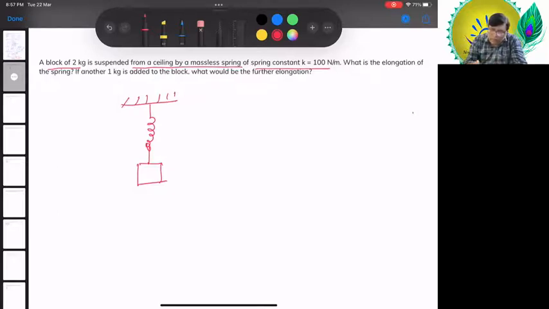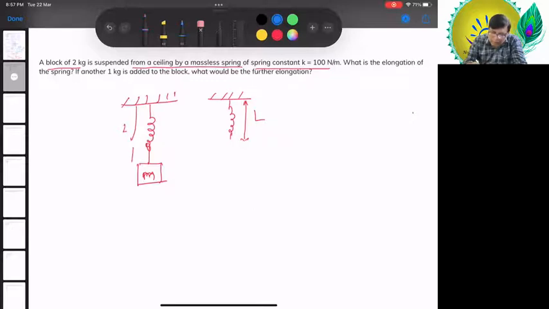So let us consider a situation if no mass is suspended with this spring. So this will have some natural length L. When you are suspending some object which has some mass m, so this will elongate by some x.